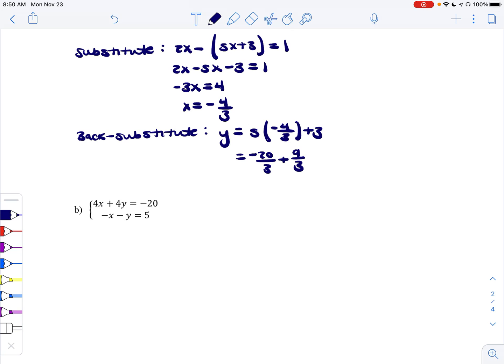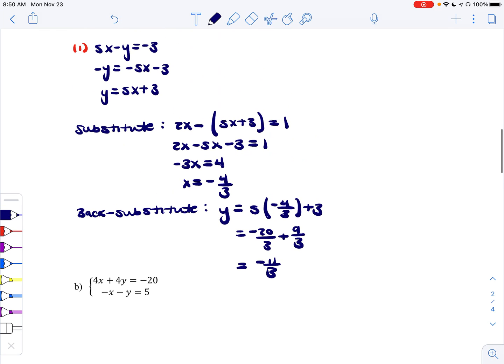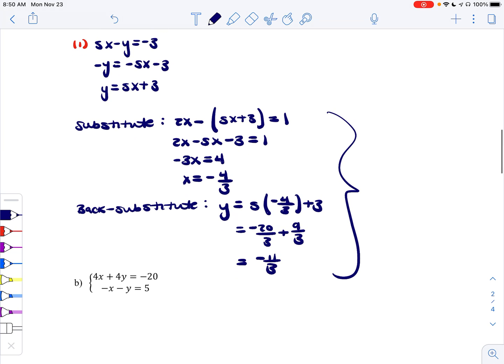So negative 20/3 plus 9/3 is going to be a negative 11/3. Okay. And then the last step is just to write your solution as an ordered pair. So you want to write it as an xy. So in this case, our x value we found was negative 4/3, and our y value was negative 11/3. So that is our solution.